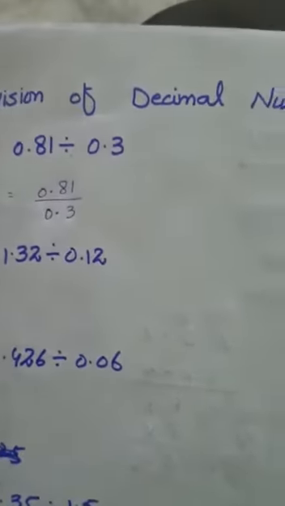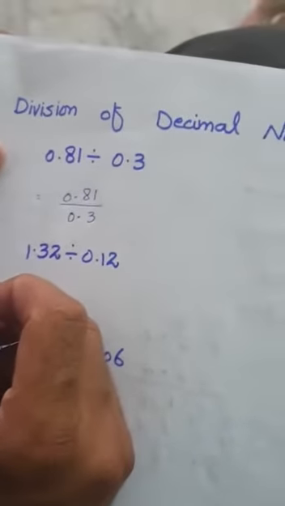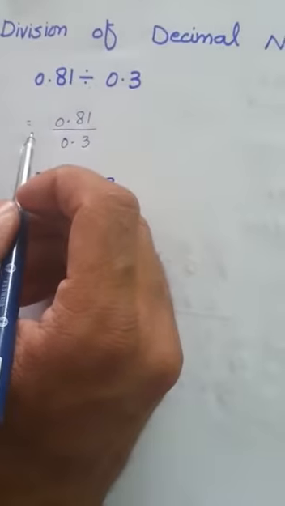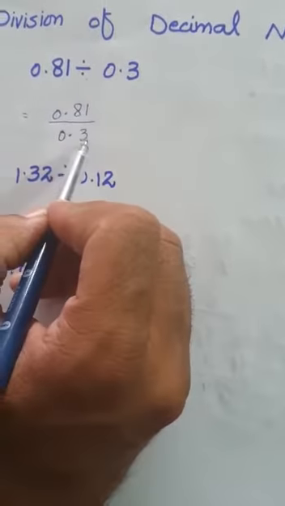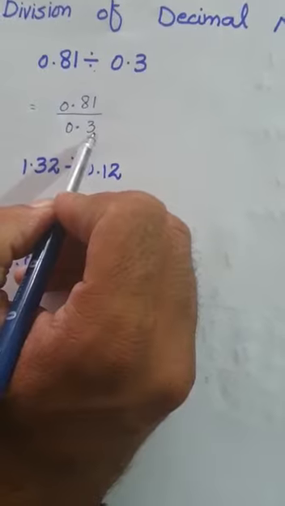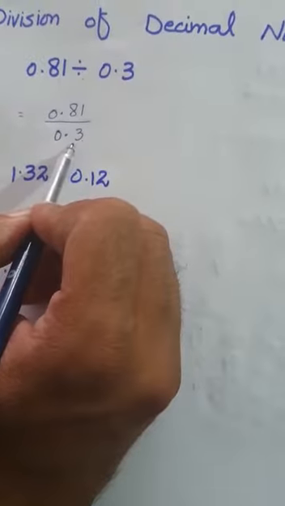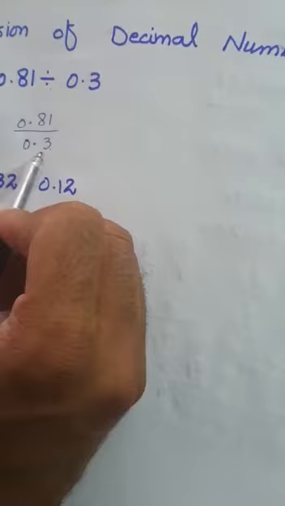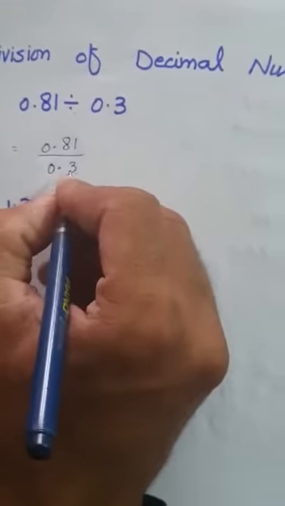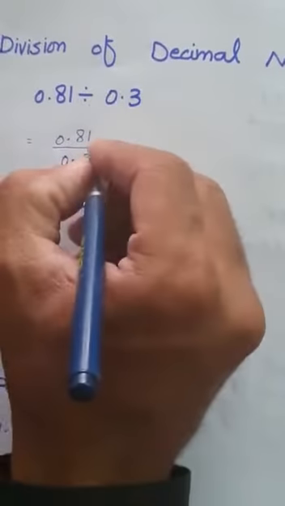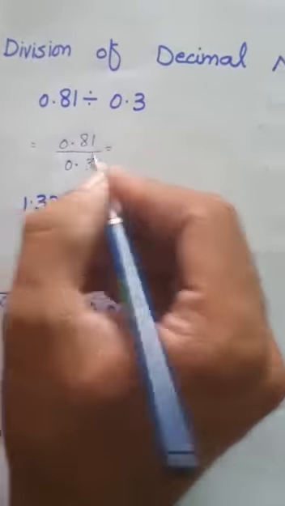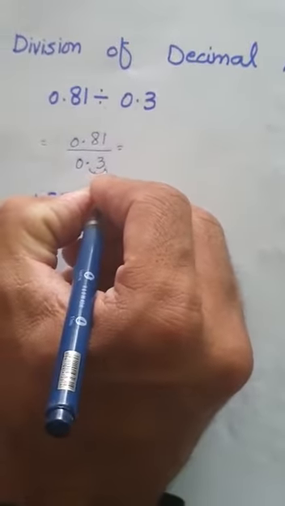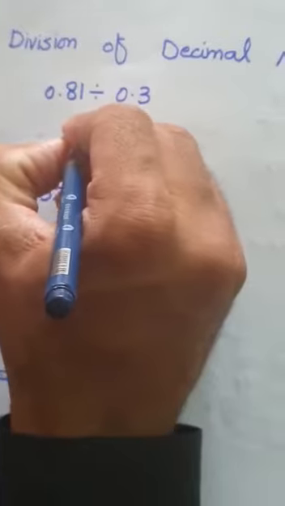As you can see, this is the numerator and this is the denominator, and I have told you that you need to remove the point of the denominator. So first of all, we will move the decimal by one digit. There is a decimal after one digit in the denominator, so we will move this decimal one digit here and this decimal one digit here.